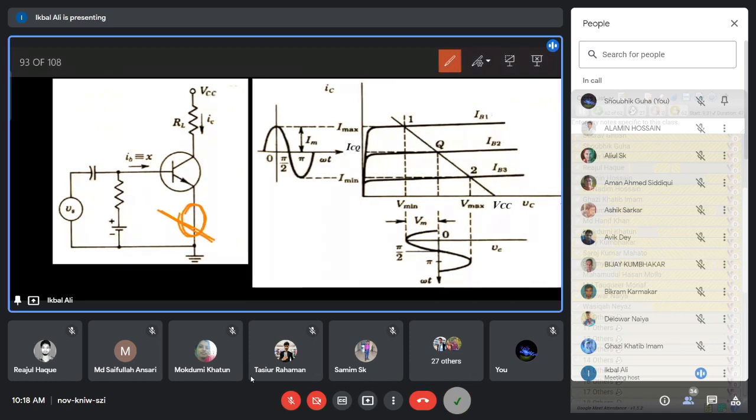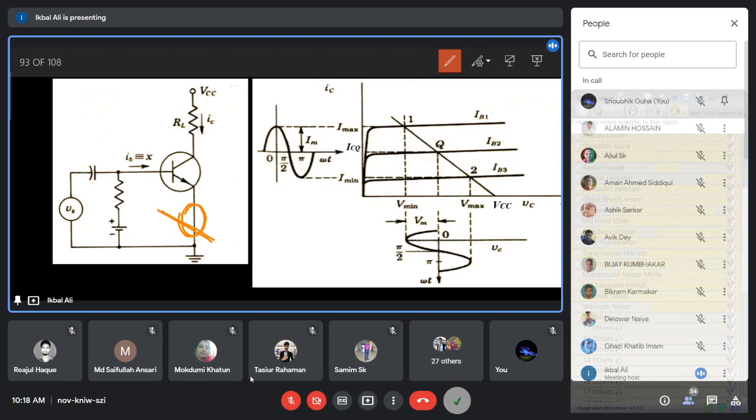So ideally, this emitter resistance is 0. When we are discussing the ideal circuit, stability concern will not be there. That is why you can make this emitter resistance 0. But when you practically design this circuit, there should be an emitter resistance whose value will be very low.